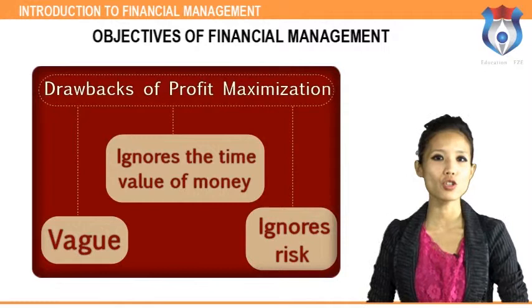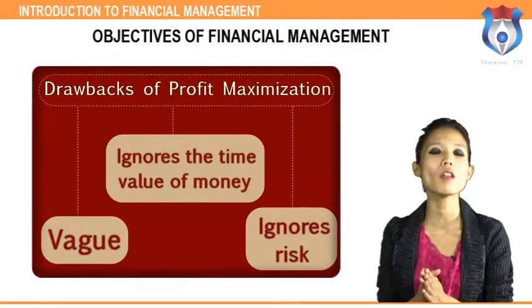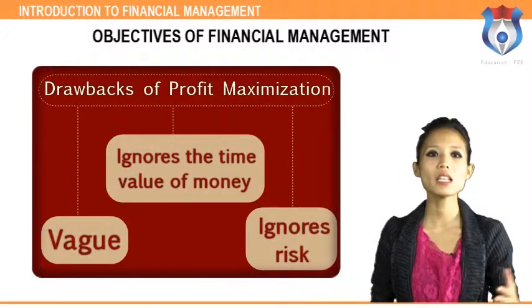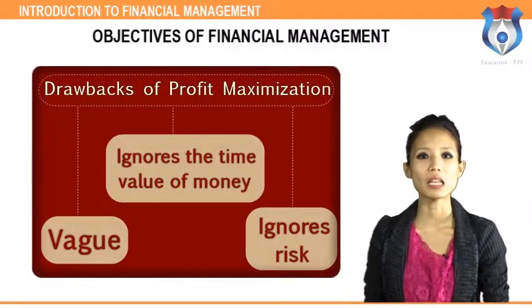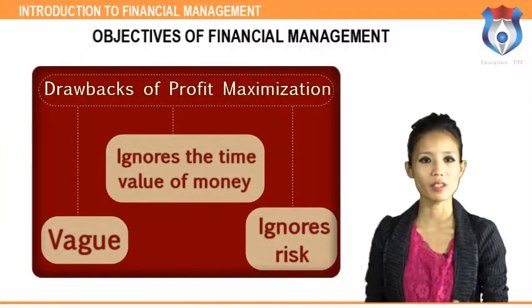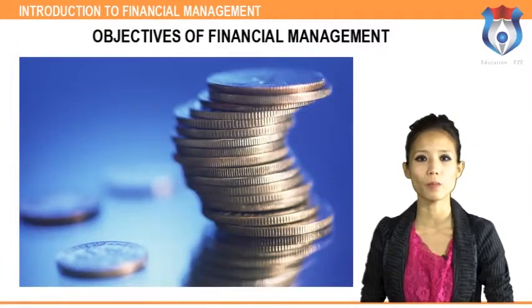The profit maximization objective consists of certain drawbacks also. It is vague. It ignores the time value of money. It ignores risk.